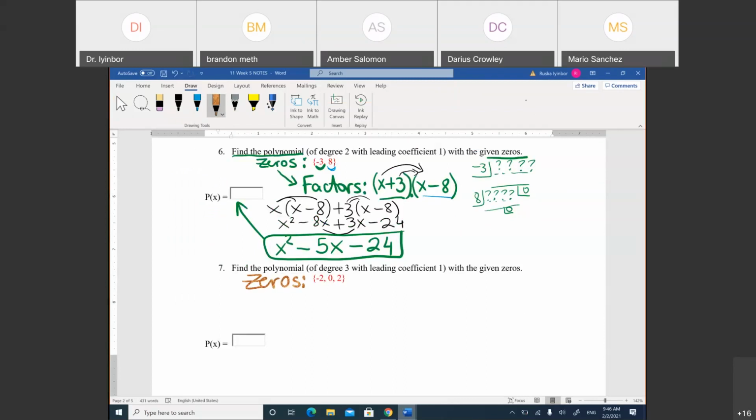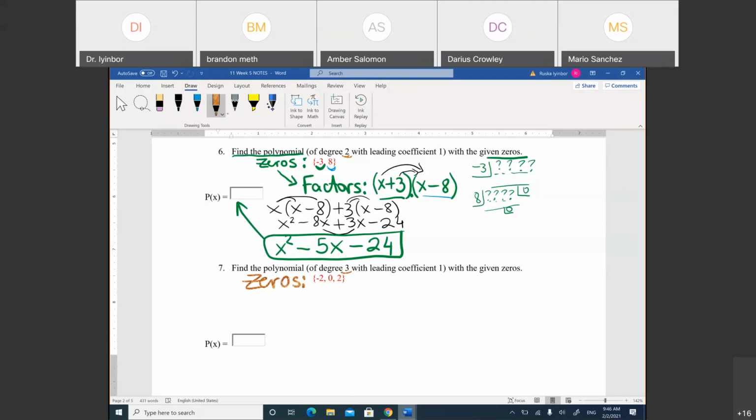These are 3 zeros given. If you have 3 zeros given, that means the polynomial is going to have degree 3. The one before had 2 zeros given, so the degree was 2. The highest exponent of the polynomial tells you how many zeros, how many solutions, you're going to have.